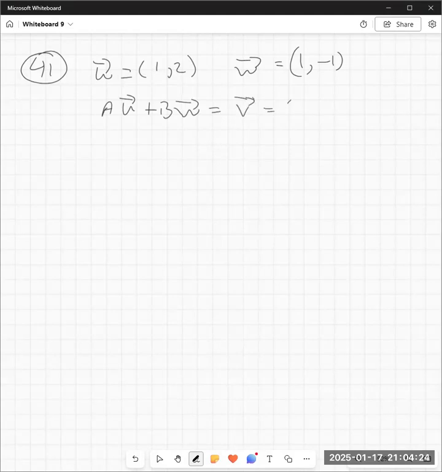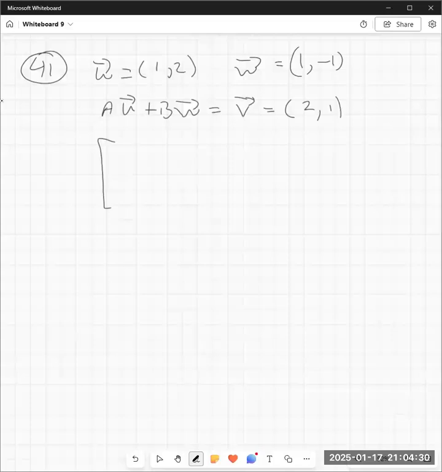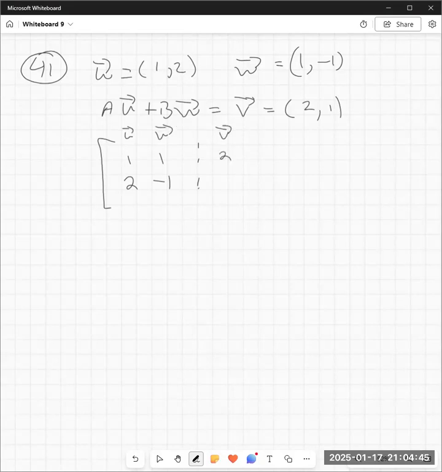which is equal to (2, 1). I'm going to set up a matrix here where u goes down this way, I'm sorry, w goes down that way. So this is my u's and my w's that make up v, hopefully, like that.